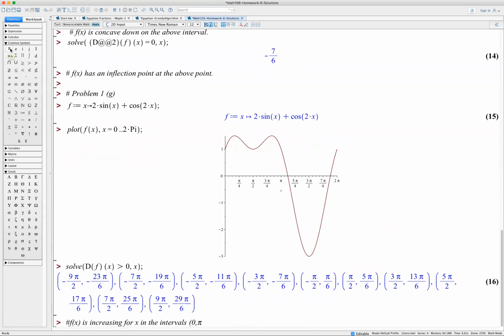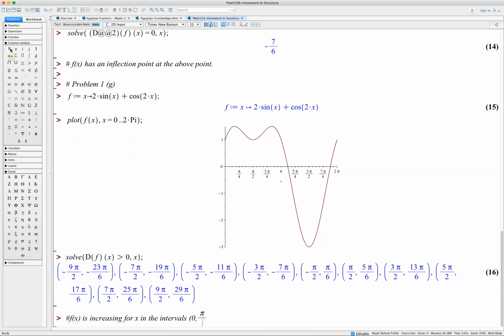It wants to make this whole thing a fraction. Well, let's try that. Pi over 6. See if I can copy and paste. Pi over 2 to 5 pi over 6. And up to 2 pi. Because we're only looking at the interval from 0 to 2 pi.